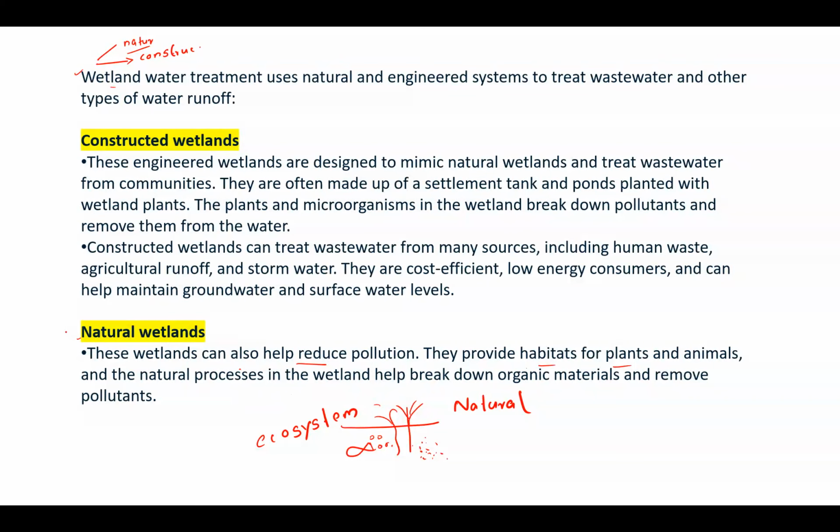That's what happens in the natural wetland. To mimic this particular process is called biomimicry. We are adapting from nature what nature is doing, and taking it for our own benefit.